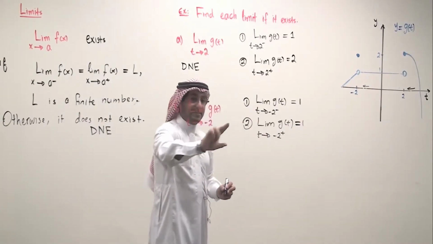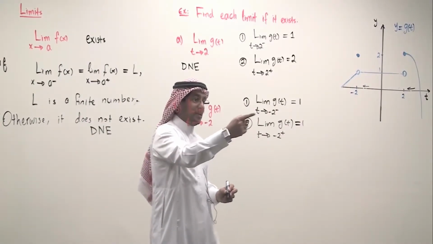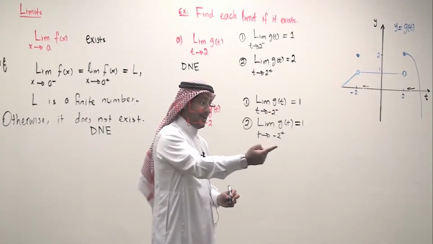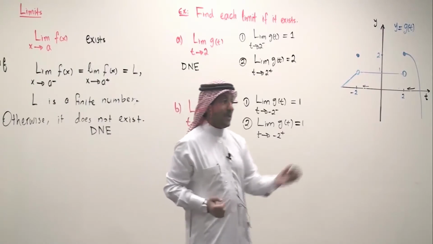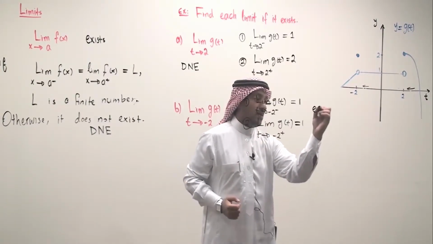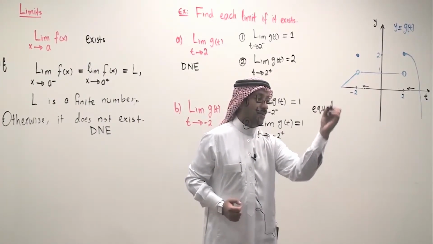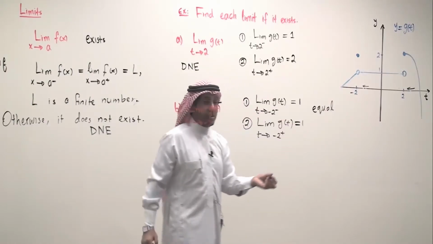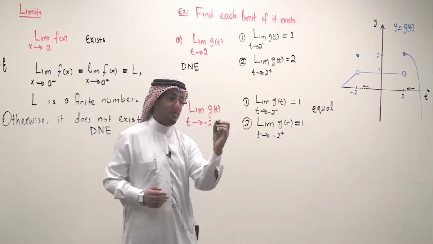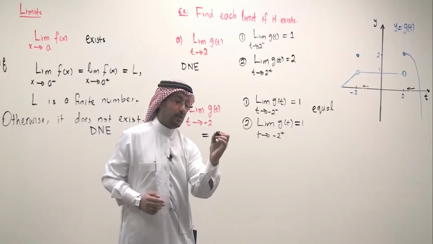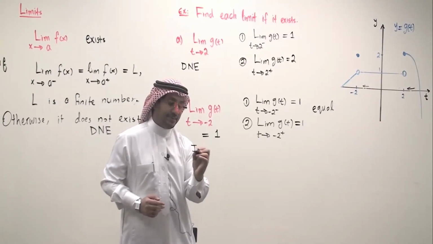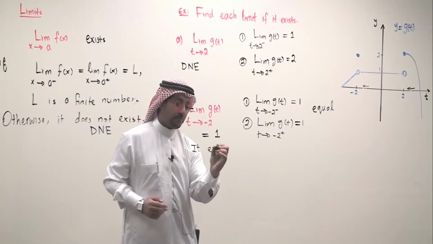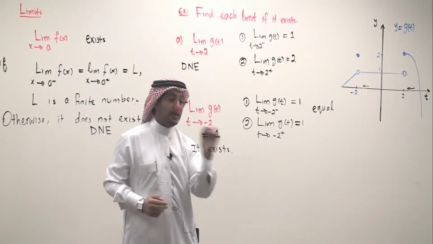Here in this example, you see the limit from the left hand side and that of the right hand side are both equal. They are equal to a finite number. So this limit is basically going to be 1. So here it exists, and its value is 1.